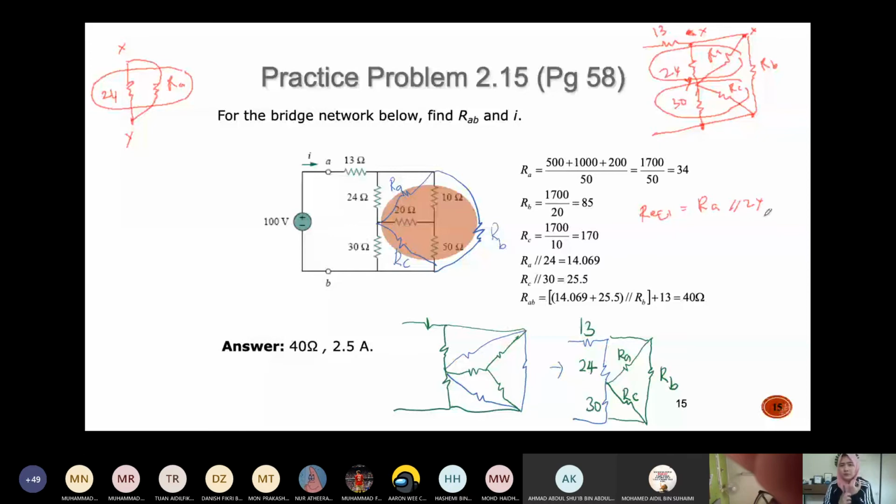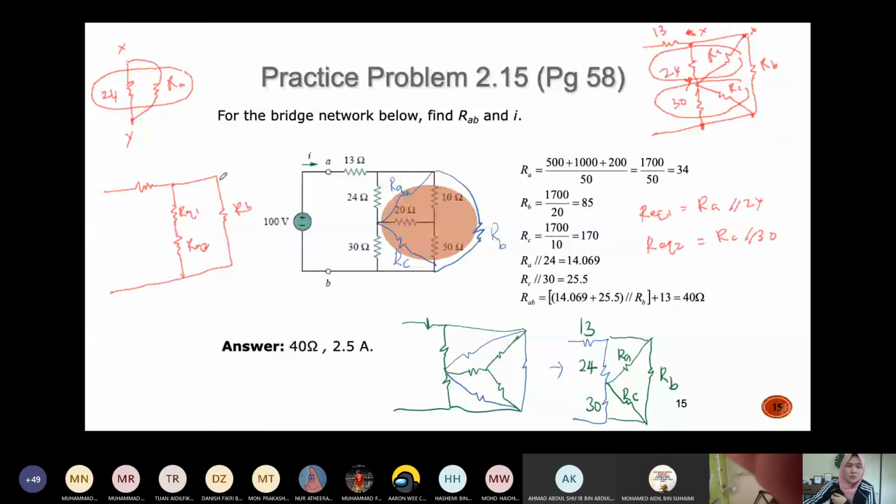Okay. So after you find the R equivalent 1 and R equivalent 2, then you can redraw this circuit to become this circuit. Okay. So this is R equivalent 1. This is R equivalent 2. This is RB.